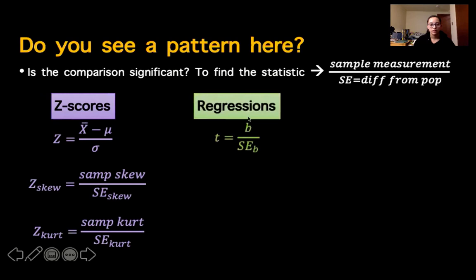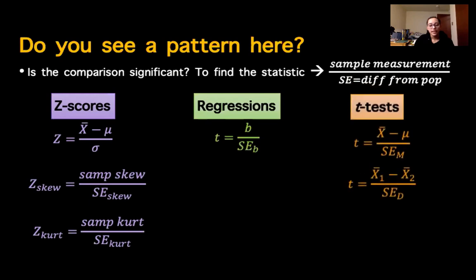Regressions, what's the difference between the sample slope and what we would expect the slope to be in a population in terms of being able to predict a certain dependent variable given relationships with independent variables, or an independent variable if you have bivariate regression.